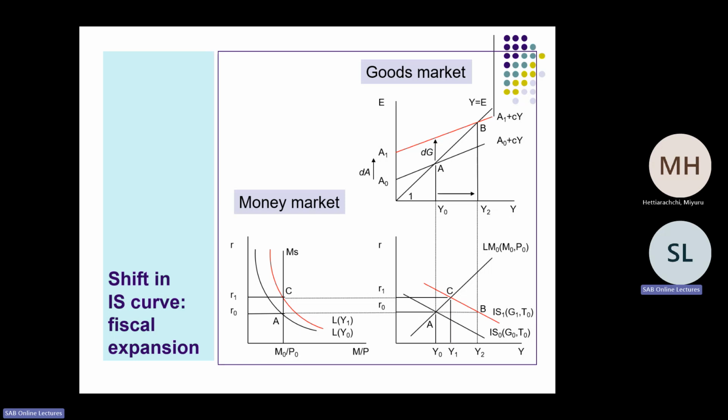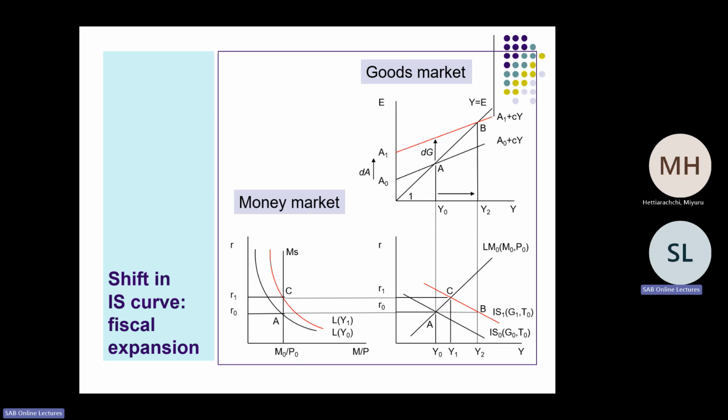Money flows from the private sector to the government, so the money available for investment decreases, right? So that's why private investment decreases. That's why we are moving from Y2 to Y1, right? So Y2 to Y1 explains the crowding out effect. Net effect: due to this expansionary fiscal policy action, income rises from Y0 to Y1.